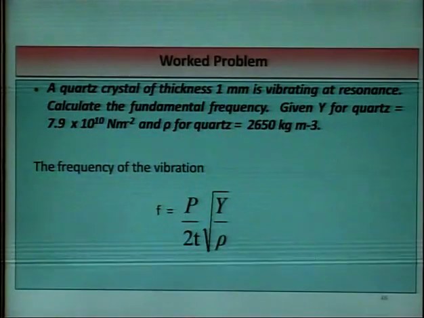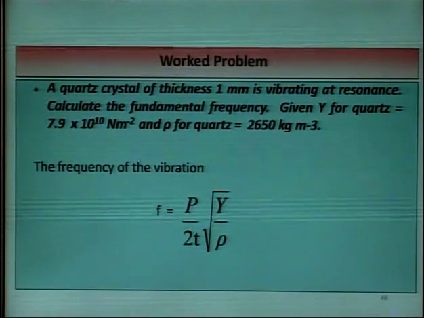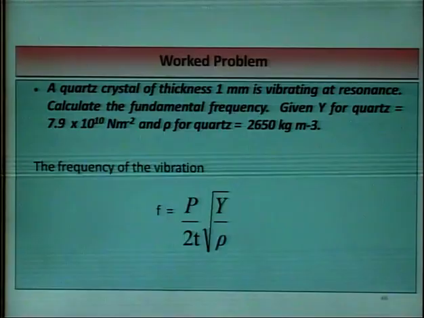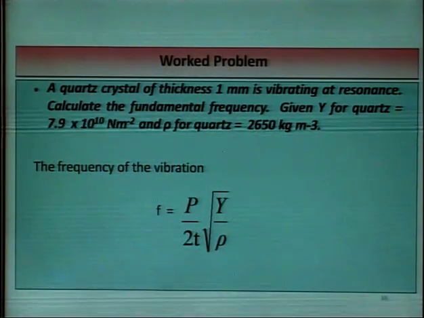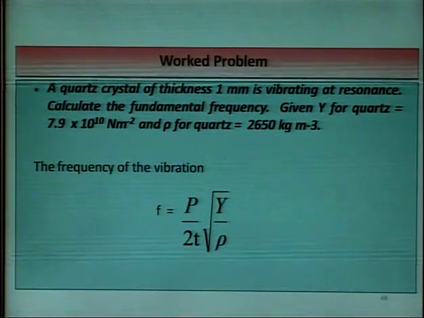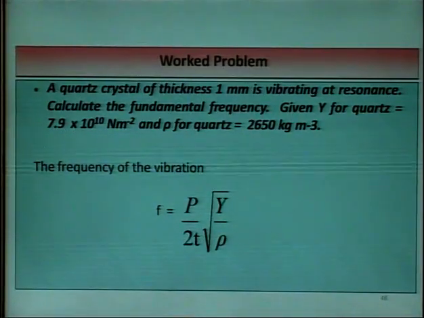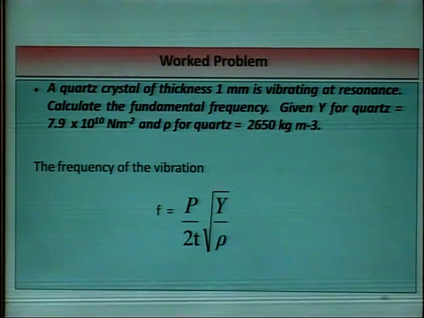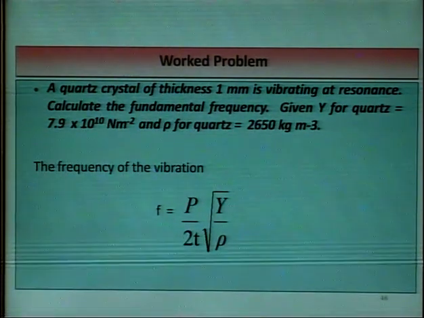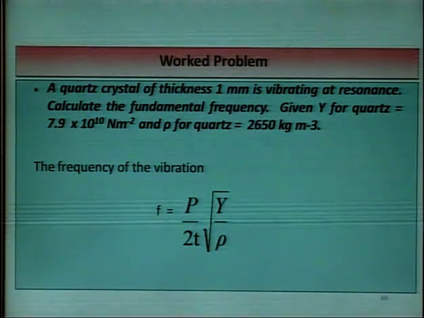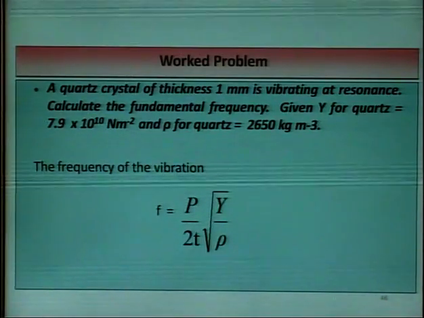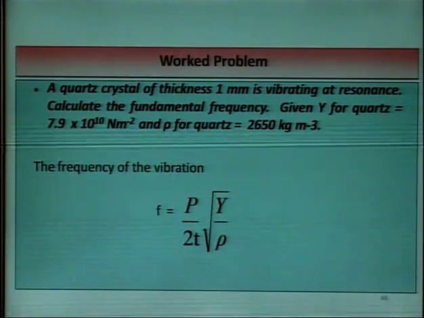Next is a worked problem. A quartz crystal of thickness 1 mm is vibrating at resonance. We want to calculate the fundamental frequency. P is 1, Young's modulus Y is given as 7.9 into 10 raised to power 10, and rho is 2650.